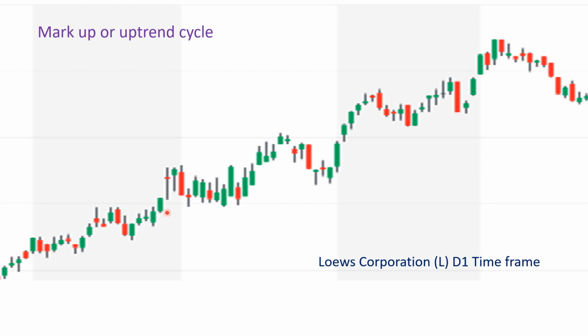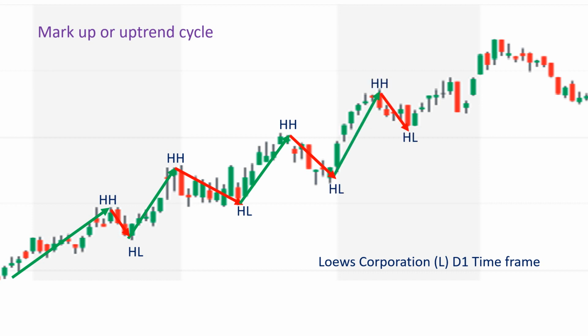As it continues going upward, we see a series of higher highs and higher lows. This behavior of the trend continues until the trend reaches the top of an uptrend.